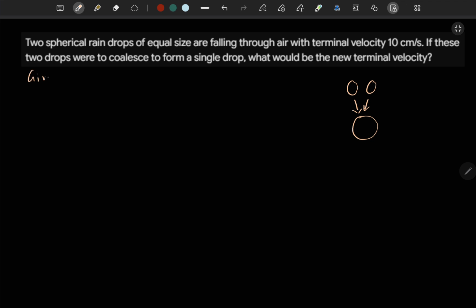Here given the terminal velocity of the smaller drop is 10 cm per second, that is 0.1 meter per second, v1. And now we need to calculate the terminal velocity of the bigger one.